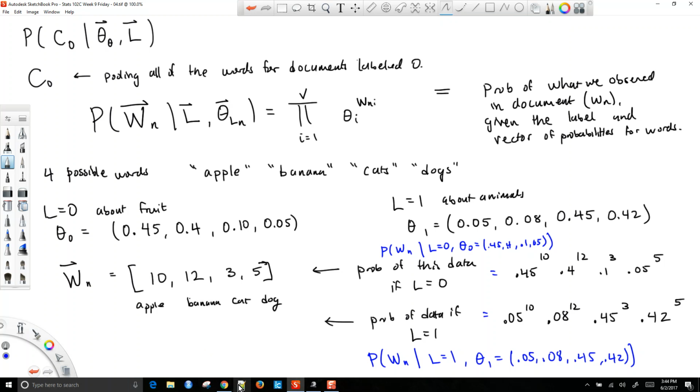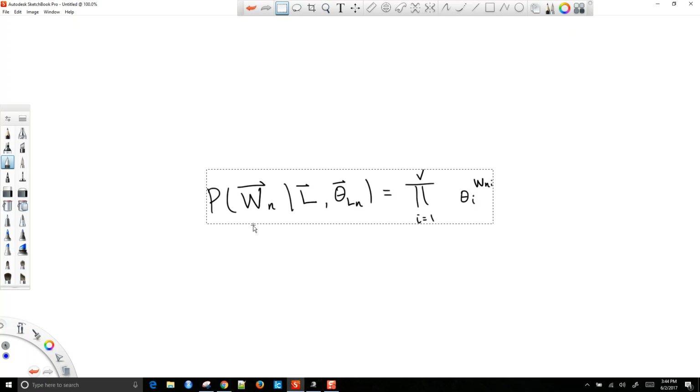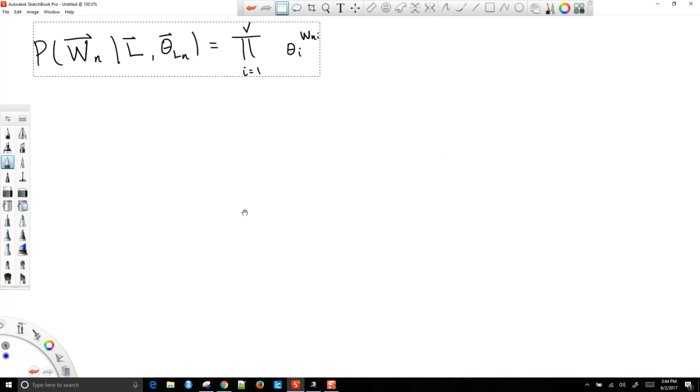is the entire corpus of documents. So this is the probability for one document.